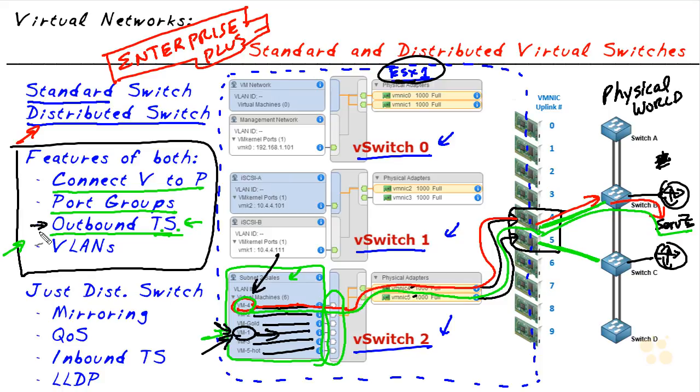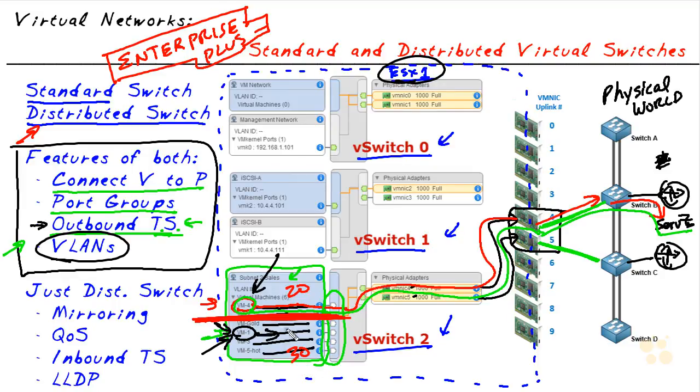Another element that's supported by both a standard and a distributed switch is the concept of a virtual local area network, a VLAN. So for example, if we wanted half of these virtual machines to be in one subnet and another half to be in a different subnet, we could create two different port groups, one that's in VLAN 20, for example, and the other one that's in VLAN 30. And then all the VMs associated with this top port group are going to be in VLAN 20, and all the VMs in this bottom port group would be assigned to VLAN 30.